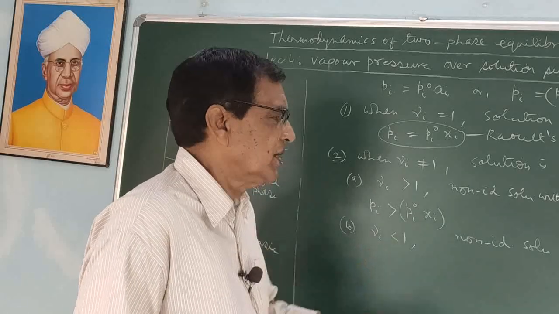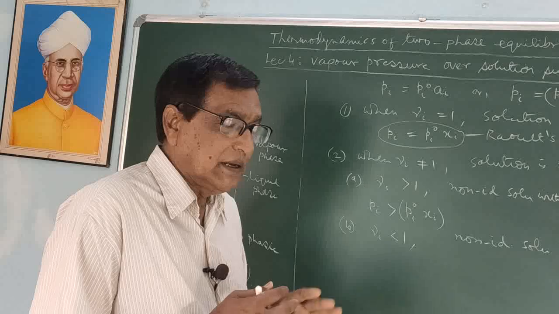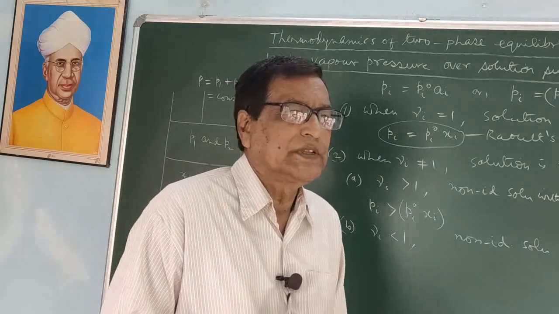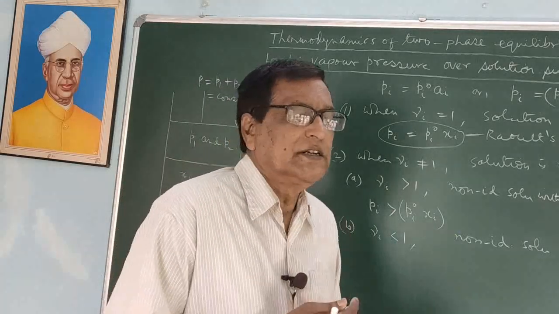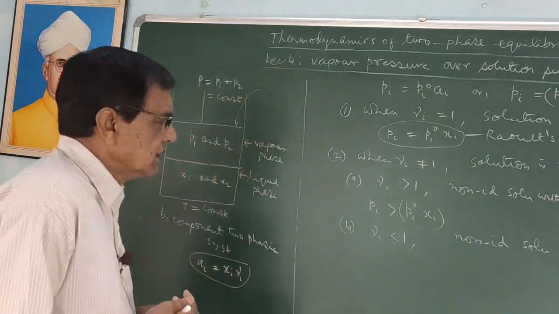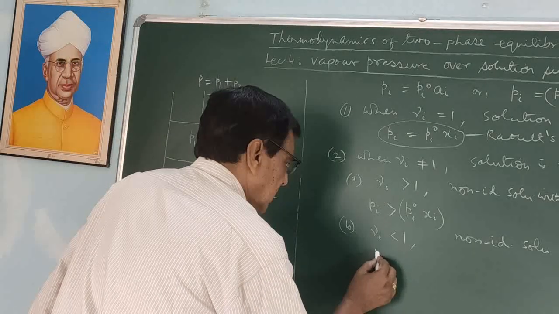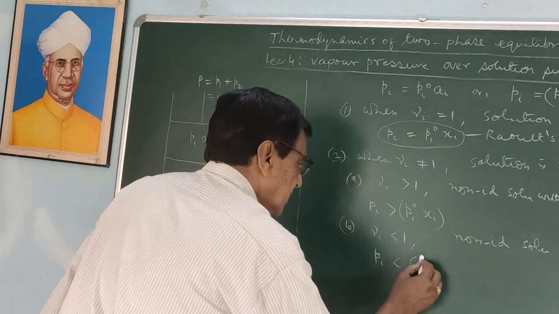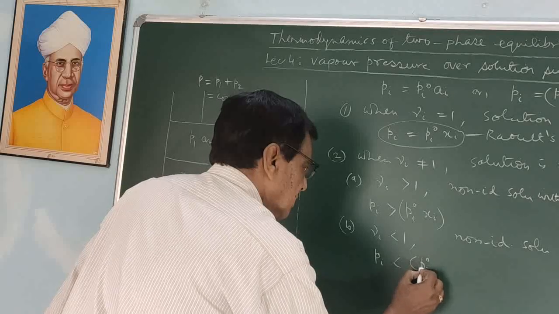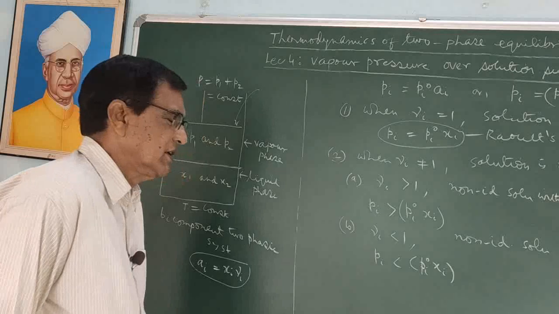Gamma i less than 1 means that in the solution, each molecule becomes less active, with less tendency to vaporize than in ideal solutions. So in this case, Pi is less than Pi naught Xi.